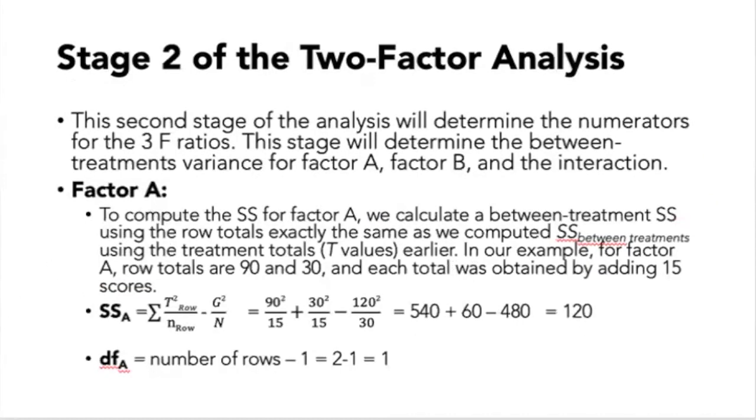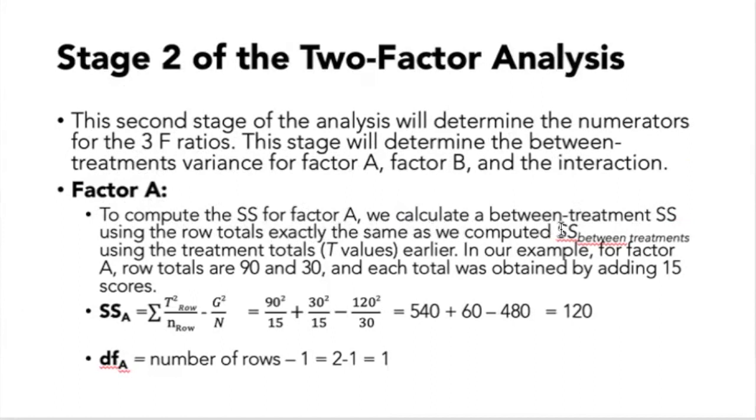Now with this, let's go for stage 2 of the two-factor analysis. This second stage of the analysis will determine the numerators for the 3 F ratios. Once again, here we will determine the between treatment variance of factor A, factor B, and the interaction. So, factor A: to compute the sum of squares of factor A, we calculate between treatments sum of squares using row totals.